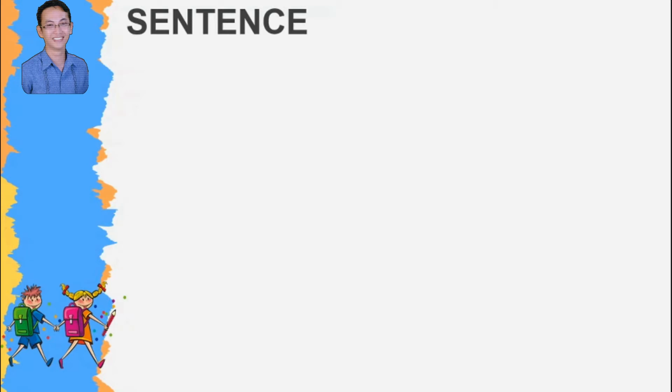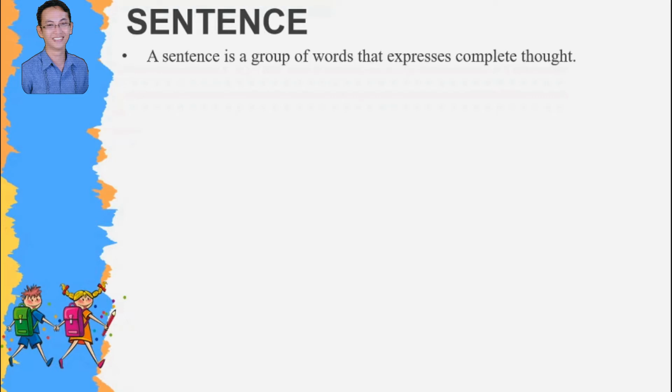Sentence. Let's define what is a sentence. A sentence is a group of words that expresses complete thought. It means it contains a subject. Subject is what or whom the sentence is about. It is the topic of the sentence or the doer of our action.